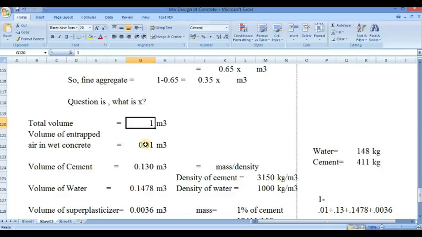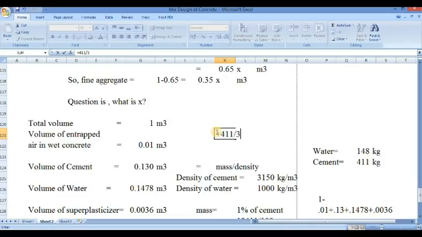We have calculated that the volume of entrapped air for your 20 mm maximum size of aggregate, as per the standard value, is 0.01 meter cube. Now you have calculated that you need 411 kg of cement. Volume means mass divided by density. For cement, the density is 3150 kg per meter cube, which is the standard value. So 411 divided by 3150, you get this much.